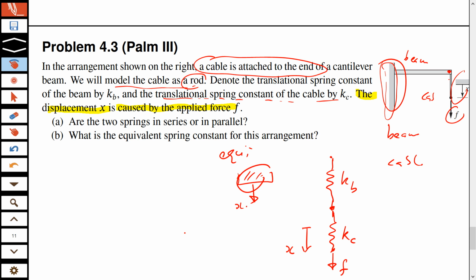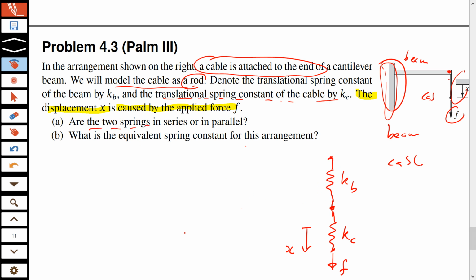So basically x is only the deflection of the overall system away from the equilibrium. So which means for us that this x is the overall displacement.